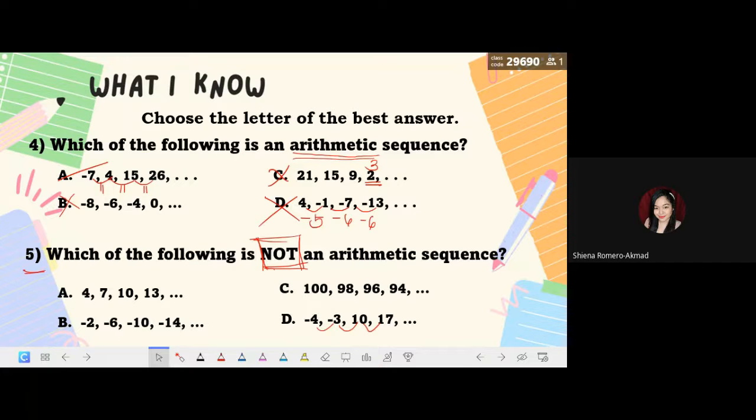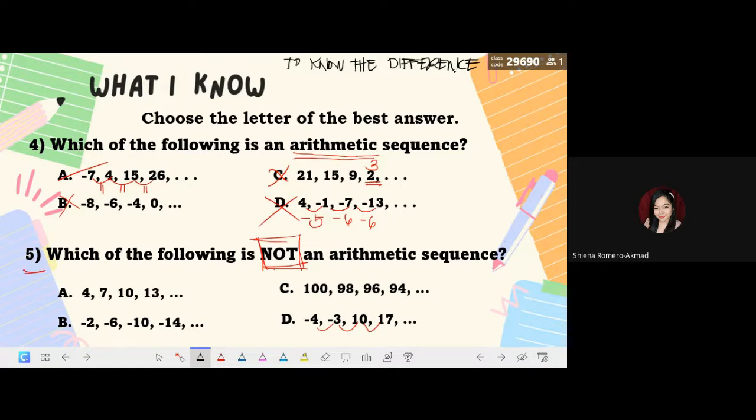O, ano na? Sa letter A. Sige, simulan natin sa letter G muna pala kasi ito yung sagot ng classmate. So, paano ba malalaman the difference? Para malaman po yung difference, para hindi kayo nahihirapan, to know the difference, what you need to do is to subtract.